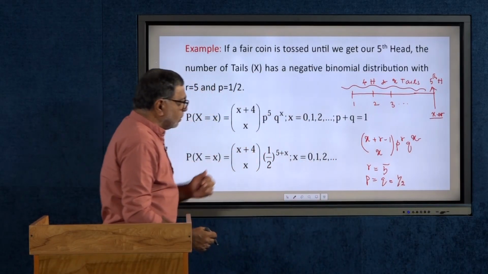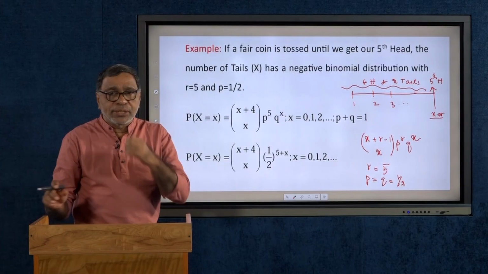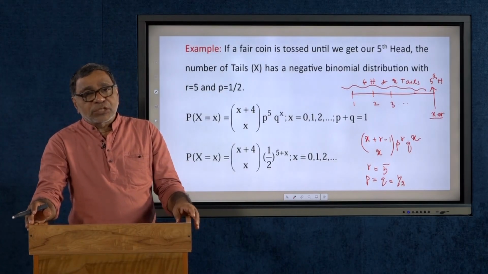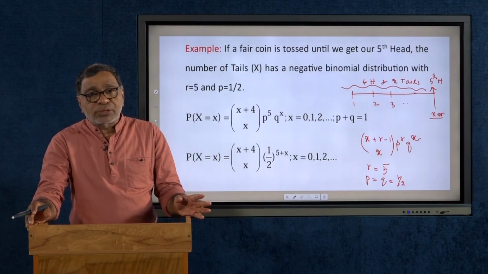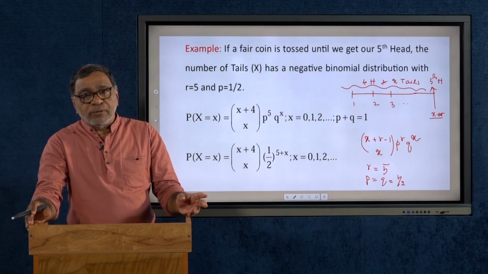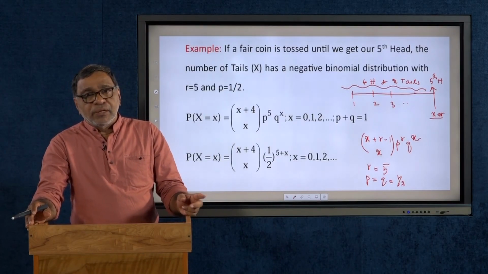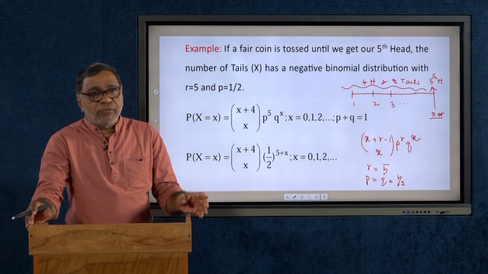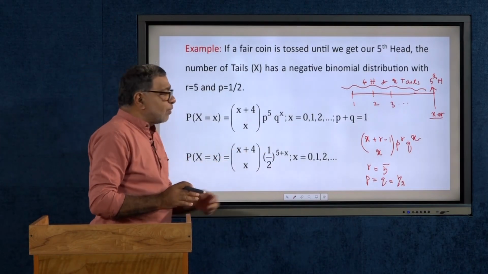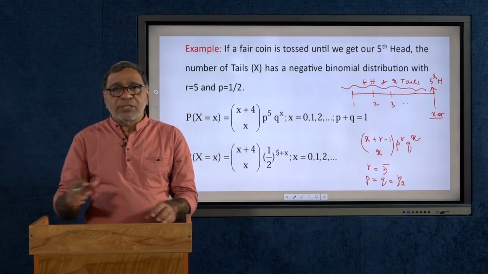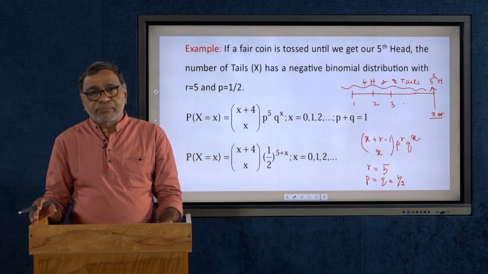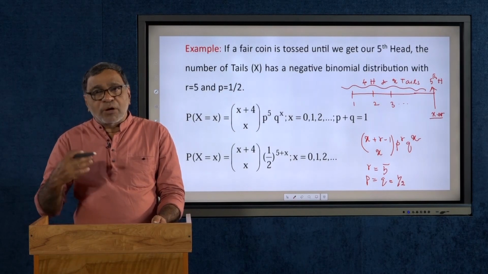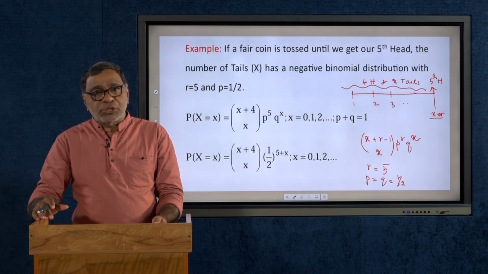So, the probability of X equal to X is (X + 4) C X, P power 5, that is 1 by 2 power 5, into Q power X, that is 1 by 2 power X. Combining, we have 1 by 2 power 5 plus X, where X is equal to 0, 1, 2, 3, etc. So, this is a simple example which is modeled by the negative binomial distribution.